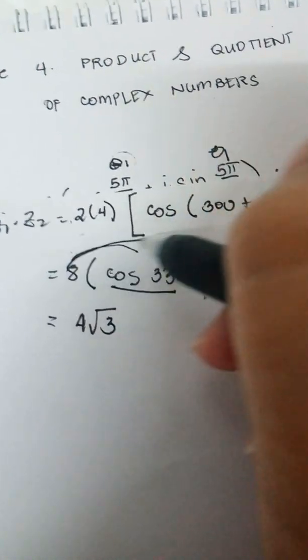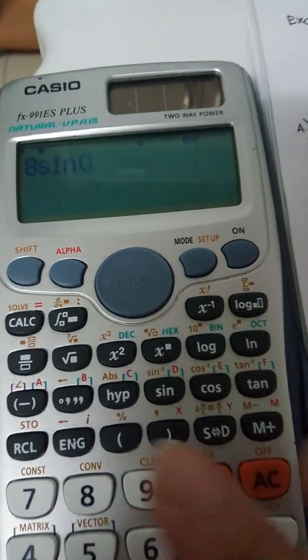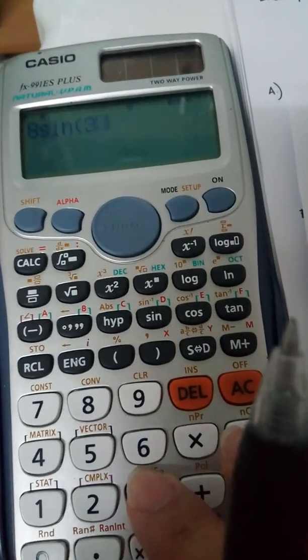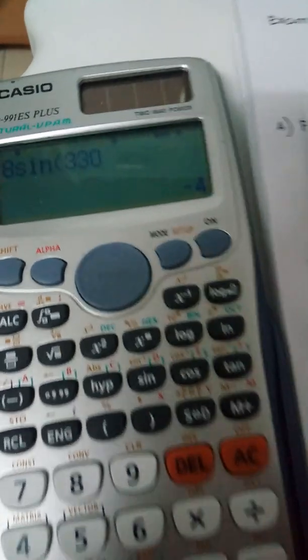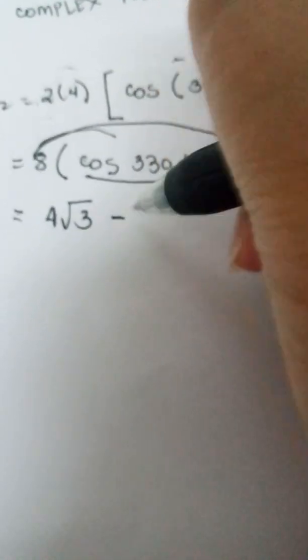Then 8 times i sin of the angle, so 8 times sin of the angle. So the answer is negative 4. So this will become minus 4 then i. So this is the final answer.